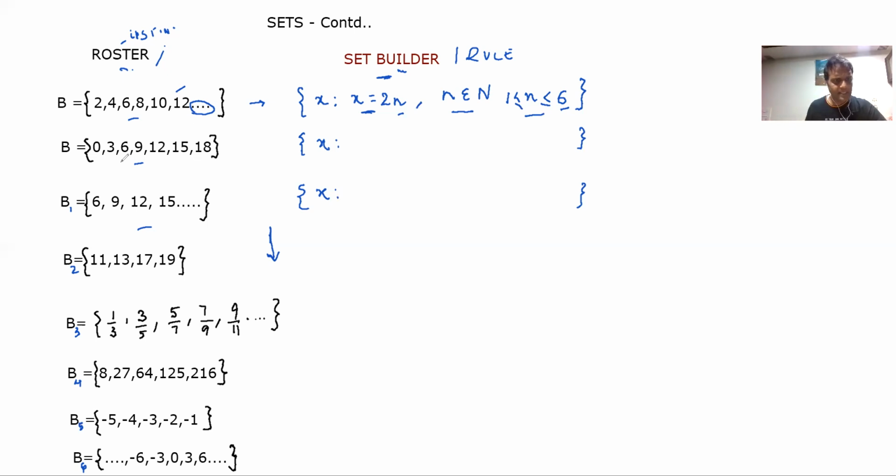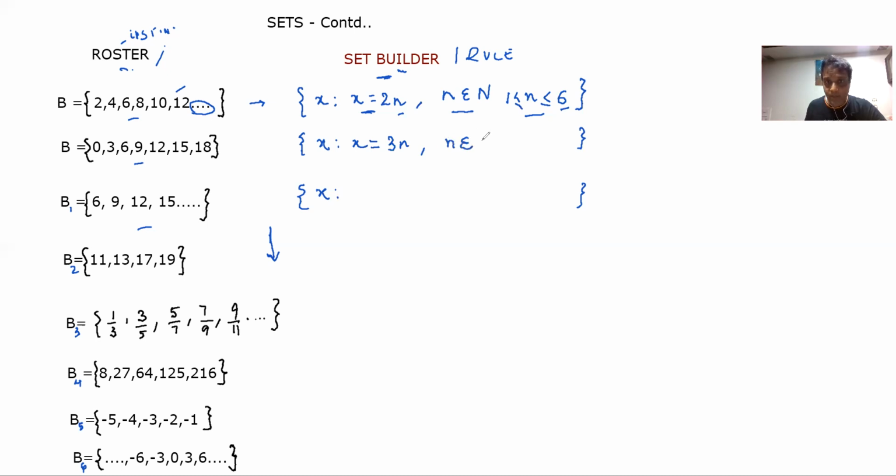Let's move to the second one. What I see is that these numbers are multiples of 3, right? So I can say that x is equal to 3n, right? Now, n is an element of, can you guess what?